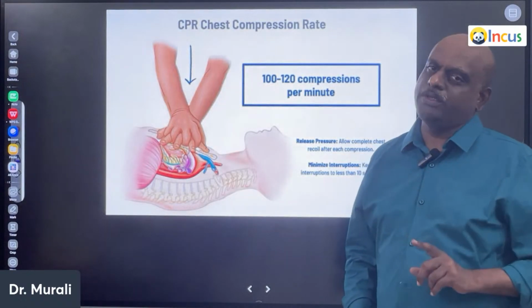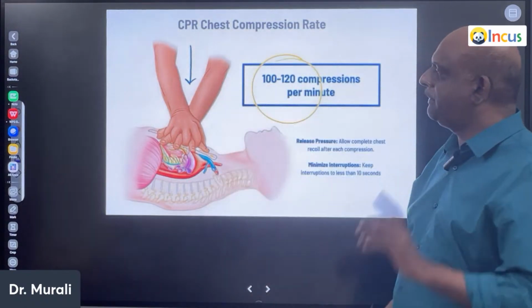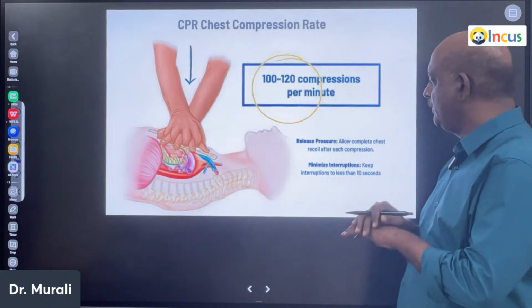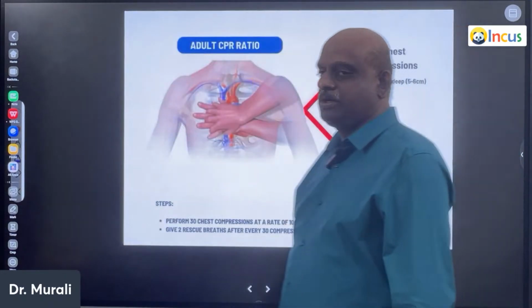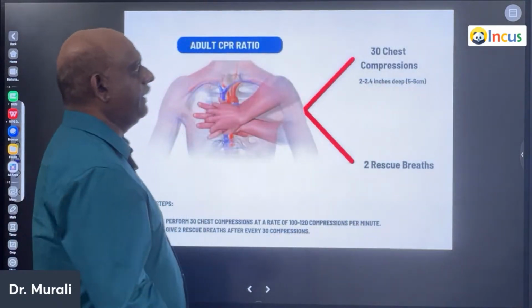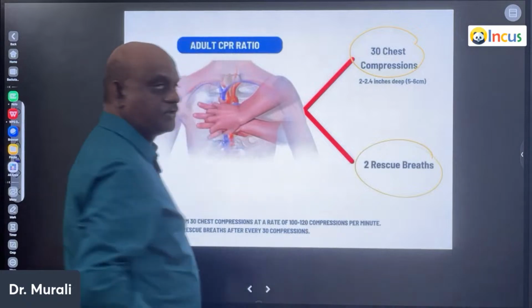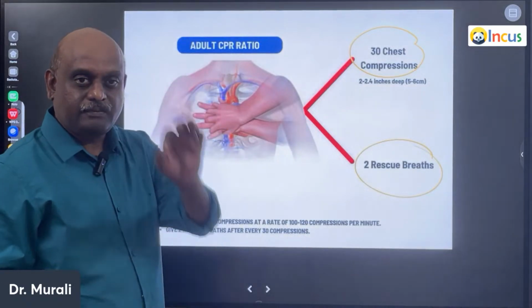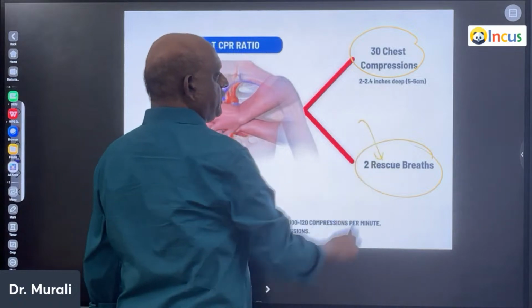Whenever you are doing CPR, 100 to 120 compressions per minute is the rate. And you should also remember the rescue breaths: for every 30 chest compressions, 2 rescue breaths.